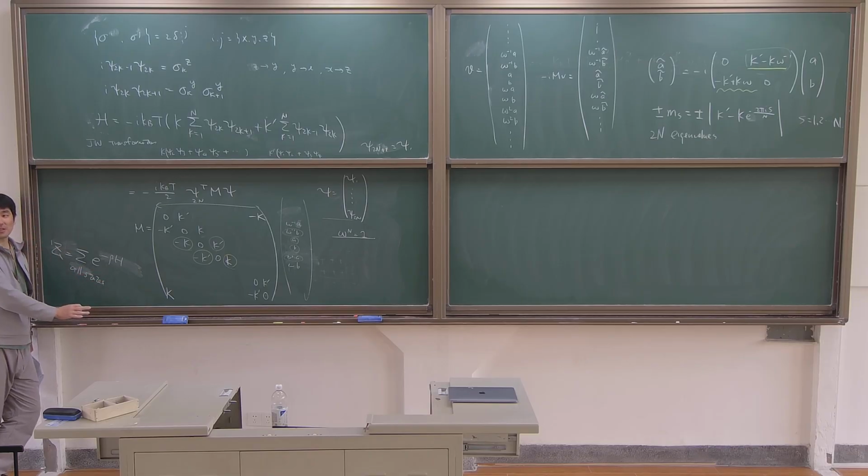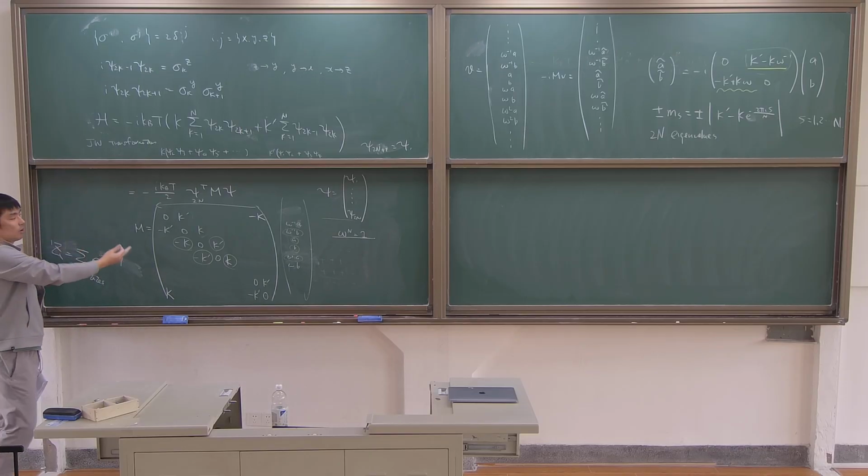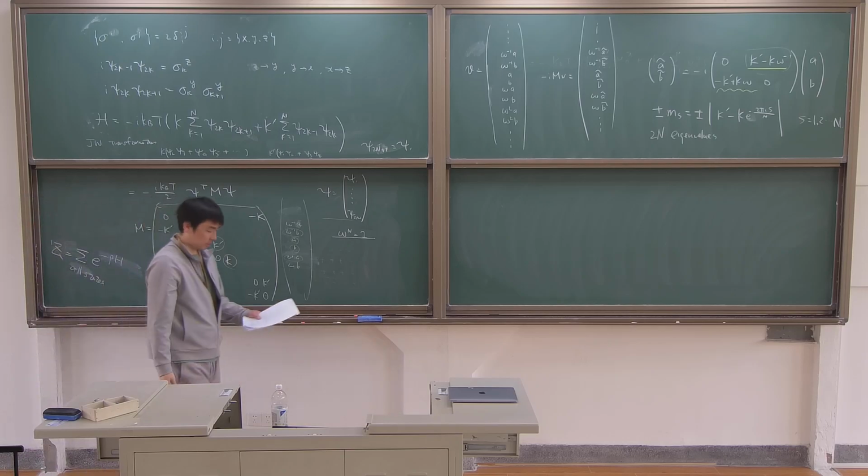So this is usually very difficult. But in the case of the two-dimensional Ising model, one can first map from the 2D classical Ising to the 1D quantum Ising, and using the Jordan-Wigner transformation, one can diagonalize the Hamiltonian matrix.